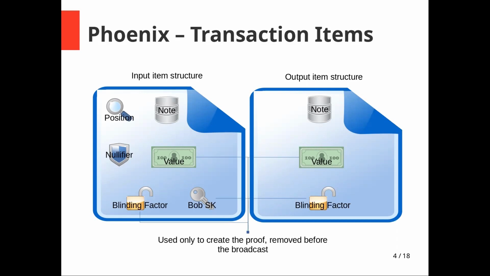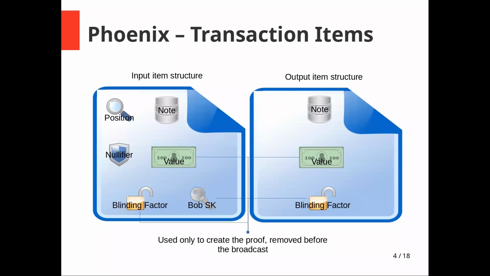And on the output, we have the node, how it's going to be stored as an unspent node to be used in the future, the value and the blinding factor. Value, blinding factor, and the secret key are secret data. These will be used only to create the proof.